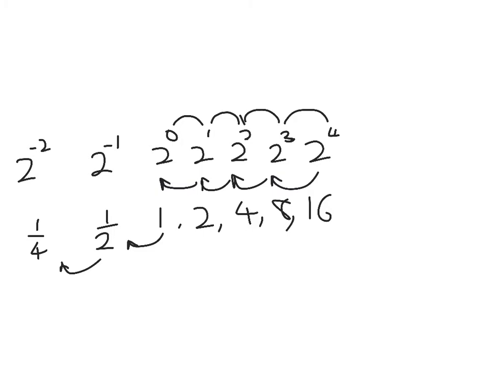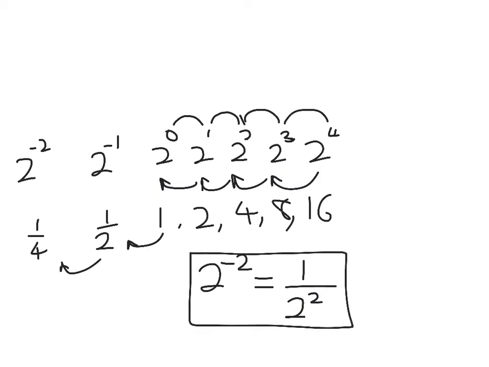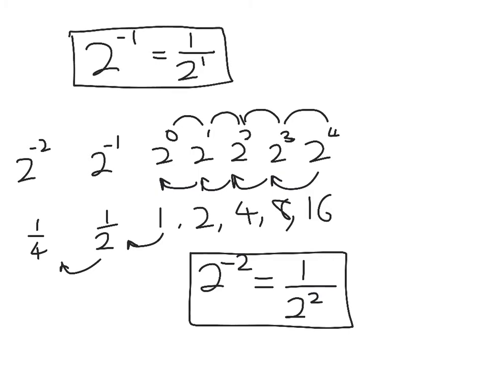So 2 to the power of negative 2 is equal to 1 divided by 2 squared. 2 to the power of negative 1 is equal to 1 over 2 to the power of 1. So whenever we see a negative power, it means 1 over 2 to the positive power. I'm going to do some examples on the next slide.